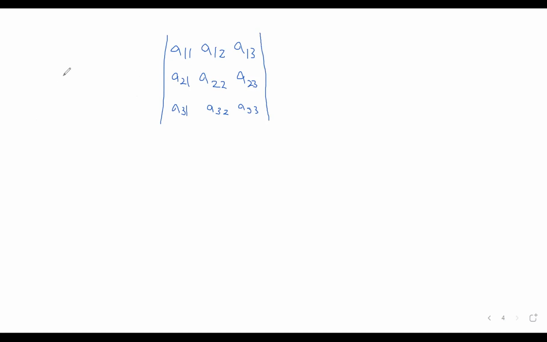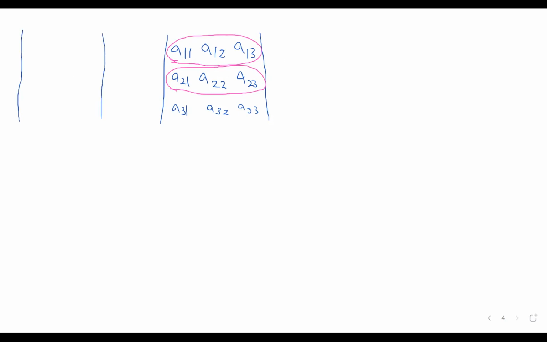Now on the left side, there's going to be something else I'm going to write. So what I'm going to do is the elementary row operation is going to be the first and second rows are going to be interchanged. So this is the first row, and this is the second row of our original matrix. This is before the elementary row operation. Afterwards, we're going to get another matrix.